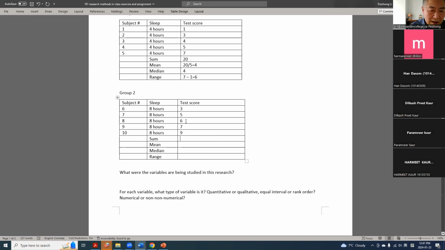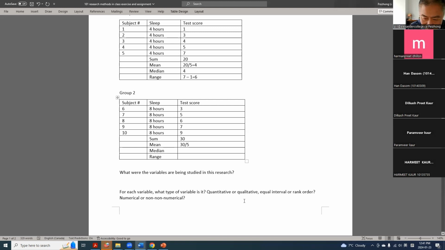And then that's group one. Second group, 8 hours sleep. You add them all up. The sum would be, somebody got the sum already. Good math. 30. So the mean will be 30 divided by 5.